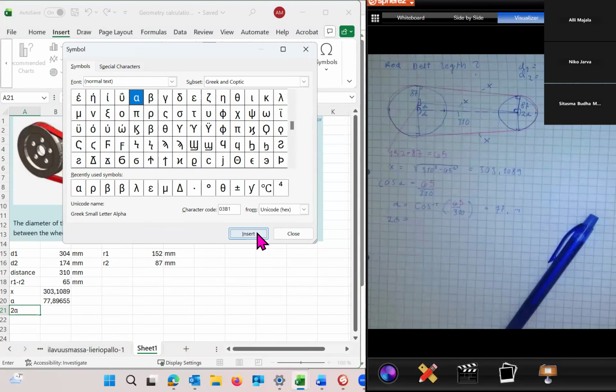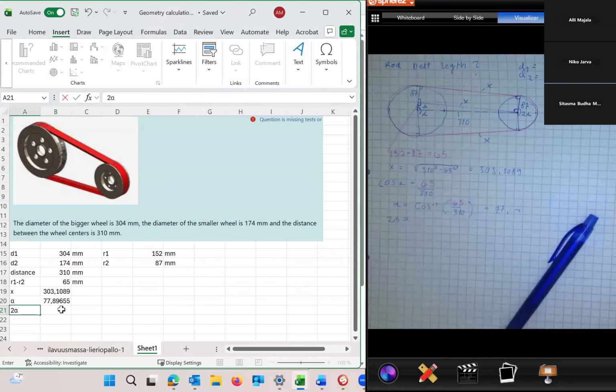I'm not always so keen on Excel because I think it's not really easy to use always. But it's the program that you always use at work. It's a bit hard to have an English keyboard rather than a Finnish keyboard.